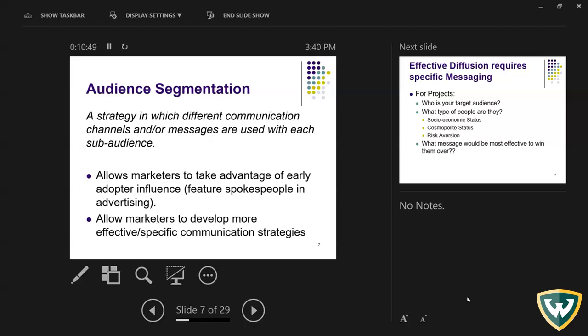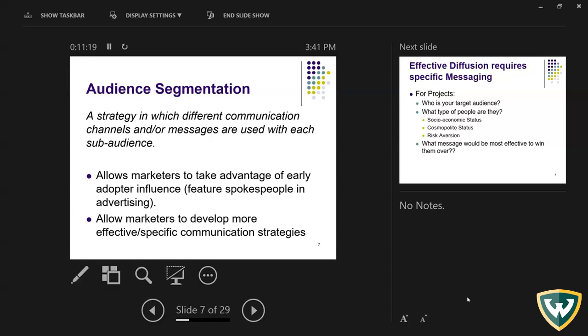So it allows marketers to take advantage of early adopter influence. So if I know that I've got a really cool thing and I've got an early adopter that maybe is famous, right? Like maybe Matthew McConaughey in the Lincoln or something like that, where he or she can influence later majority and early majority and later majority people. We have to understand who that early adopter is that could have an influence over the rest of our diffusion curve.